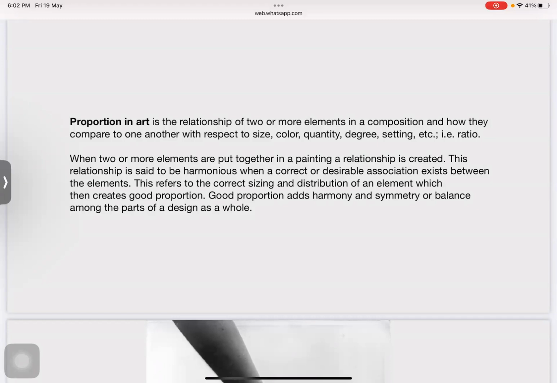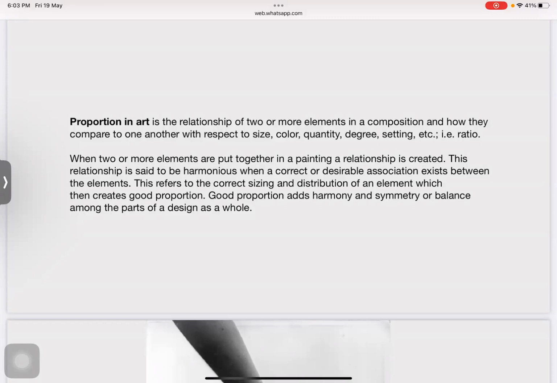This relationship is said to be harmonious when there is a correct or desirable association between the elements. This refers to the correct sizing and distribution of an element which creates a good proportion. Good proportion adds harmony and symmetry or balance among the parts of a design or a zone.